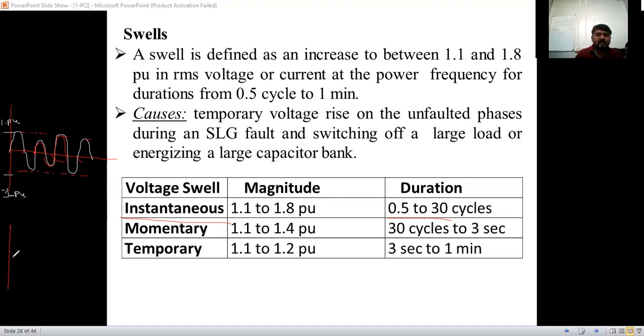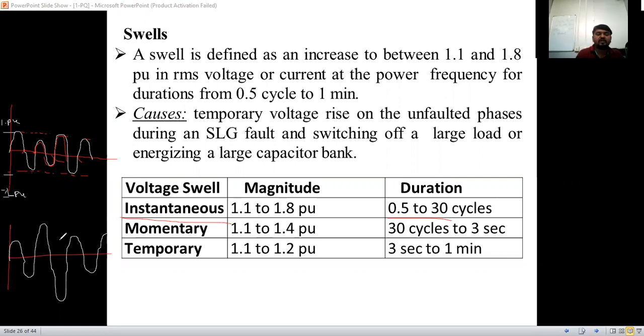Now if suddenly the voltage goes up, I will take the white color. Here, this is normal voltage. For the second cycle, suddenly it goes up, and for the third one, it comes back to normal. This is instantaneous.